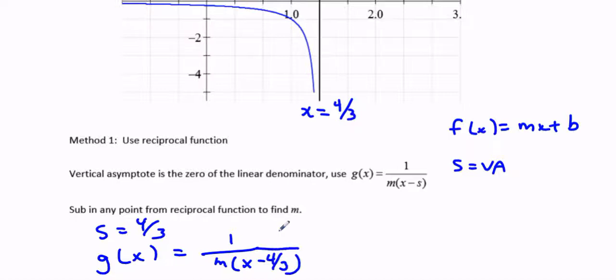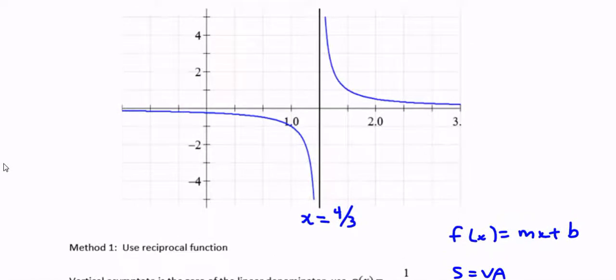Okay, and then you're going to take any point on either branch and you're going to sub it in and solve for m. So if I were to look at this one, I would say the point, what is that? This point is on the graph, this point is on the graph. So I guess this point is probably the easiest to use. That's the point 1, -1.